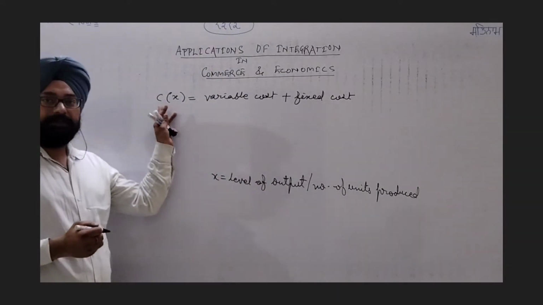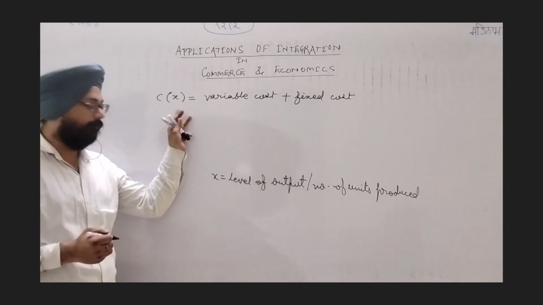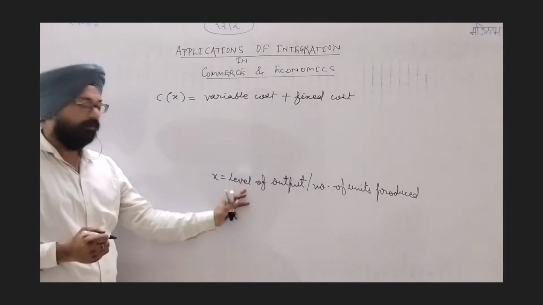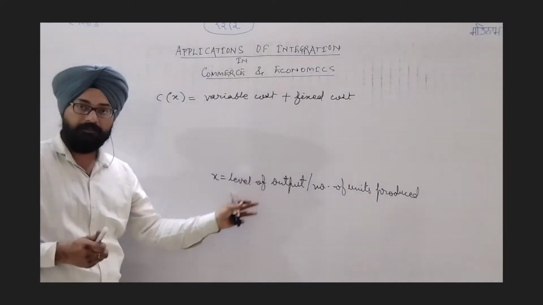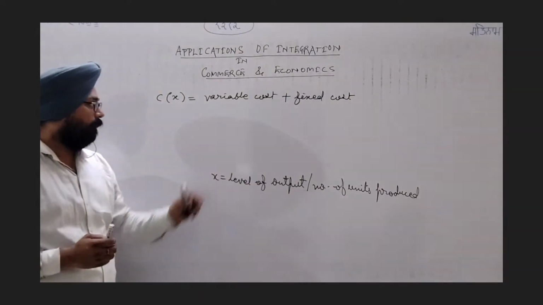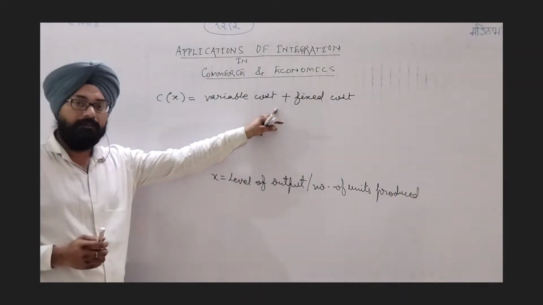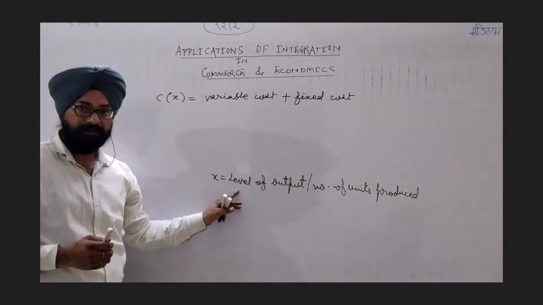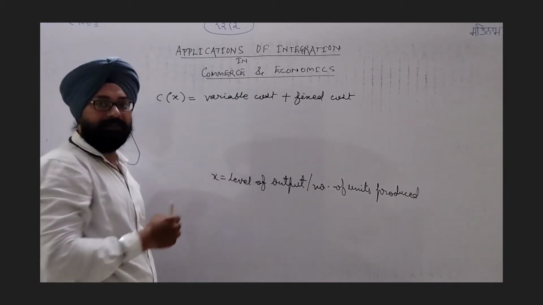Now here we have written C(x), which means C, cost, is a function of x. Here the independent variable is x, the level of output or the number of units produced. So obviously we have to express C(x) in terms of some polynomial or some function which can be written in terms of x. Variable means which is always changing.